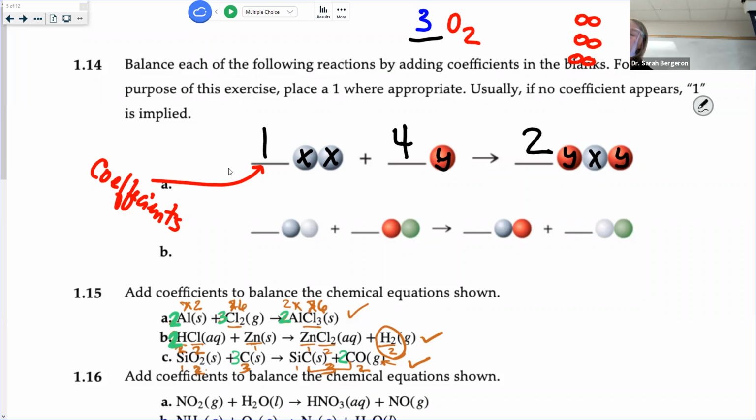Okay, so now, how would I write the chemical formula for the gray molecule? X with a subscript 2, right? Because in this molecule, I have 2 atoms of X. How do I write the formula for the second reactant?